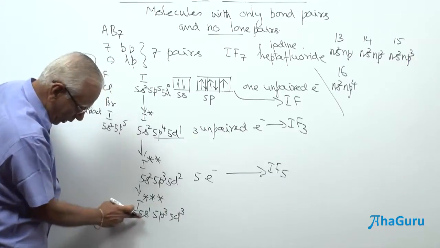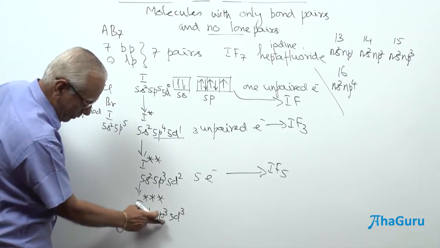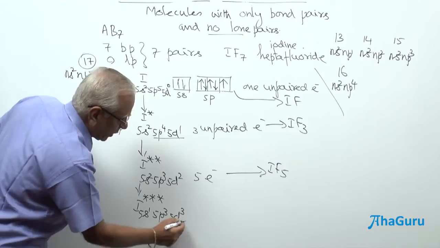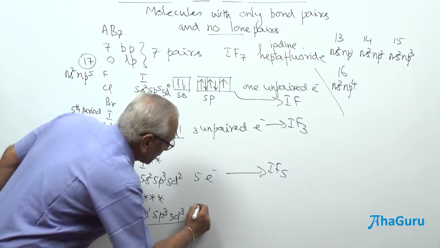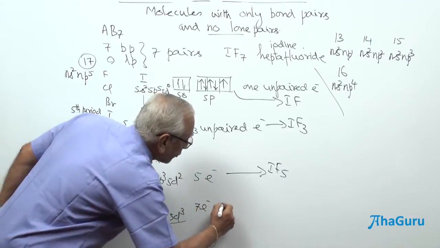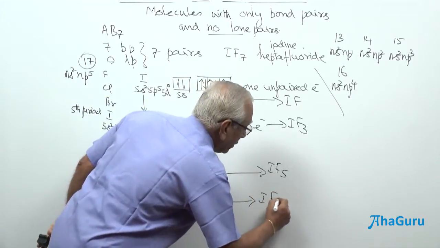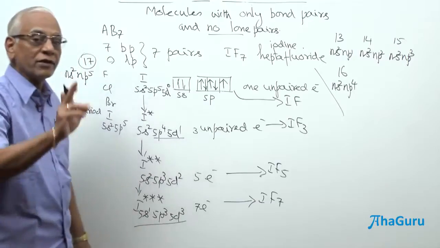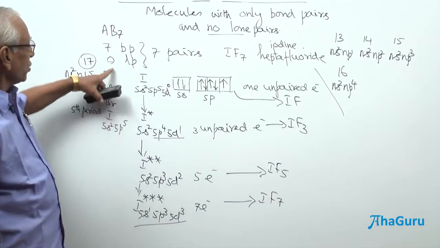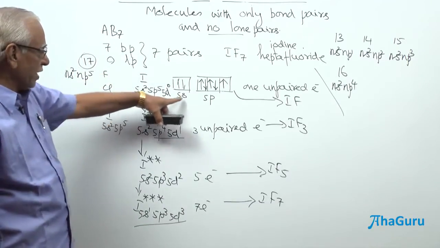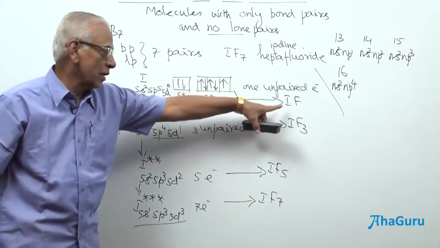Total number of unpaired electrons: 1 unpaired electron, 3 unpaired electrons plus 3 unpaired electrons here. All of them should give you 7 unpaired electrons here, and probably this must be the electronic configuration of iodine to form iodine heptafluoride. Please note, in the ground state configuration, it has only 1 unpaired electron, IF.